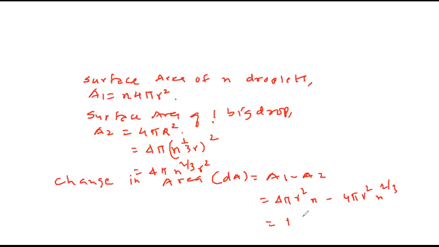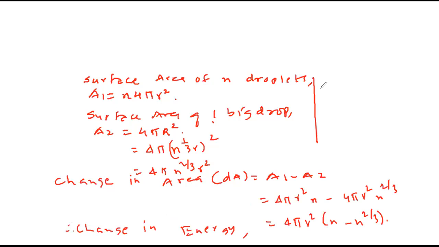So 4 pi r square into n minus n raised to 2 by 3. Therefore, change in energy, dU is T into dA, which is T into 4 pi r square n minus n raised to 2 by 3.